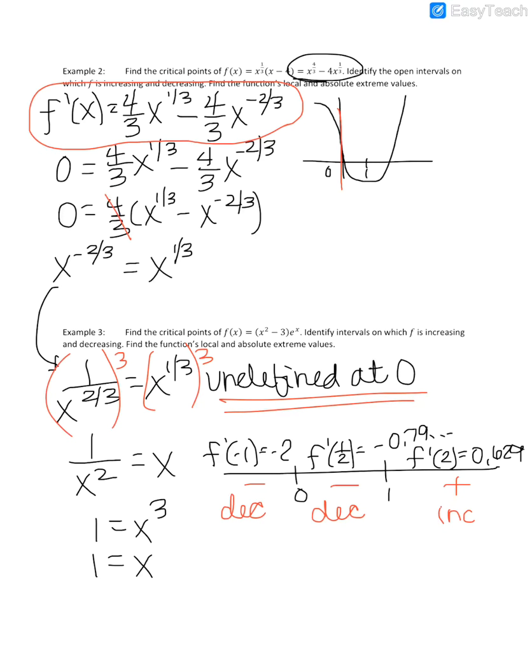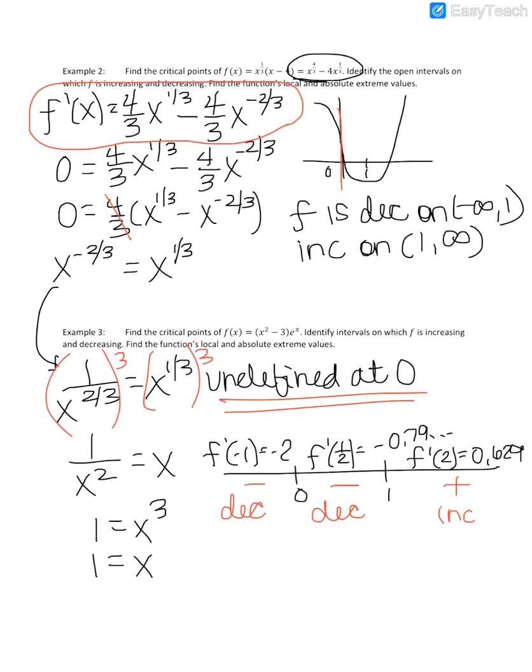Okay. All right, so let's write down. We have decreasing. So f is decreasing on -infinity to 1, increasing on 1 to infinity. We also wanted to talk about the extreme values.